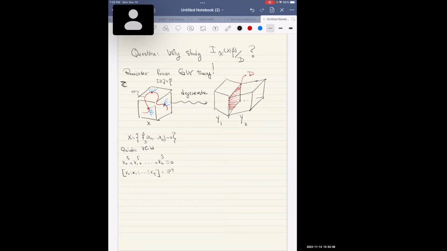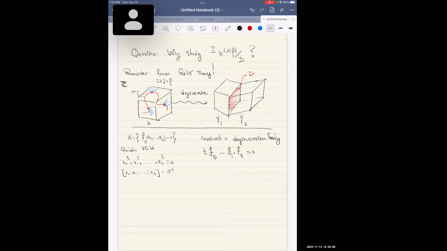Now, I can put this into a family degenerating into the picture I just drew. So how do I do that? So construct a family, construct a degeneration family. What does that mean? It means the following. You take some variable t, and take t times f5 minus f1 times f4, for instance. Set it equal to 0.